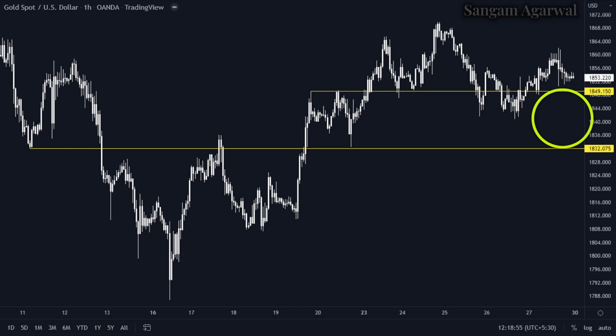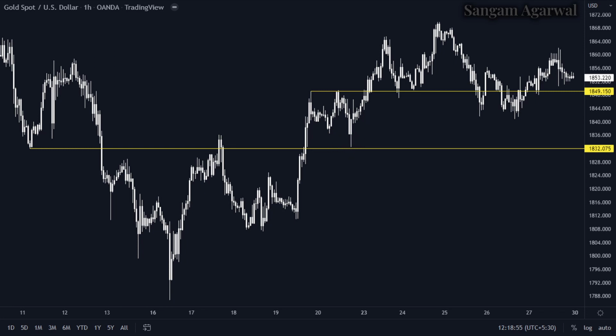Even if price tests this 1832 level, it can easily retrace back up to 1850. So the next buying opportunity will be near the 1830 horizontal support level, and it has been tested this time. In the past it has been tested many times on the daily time frame.